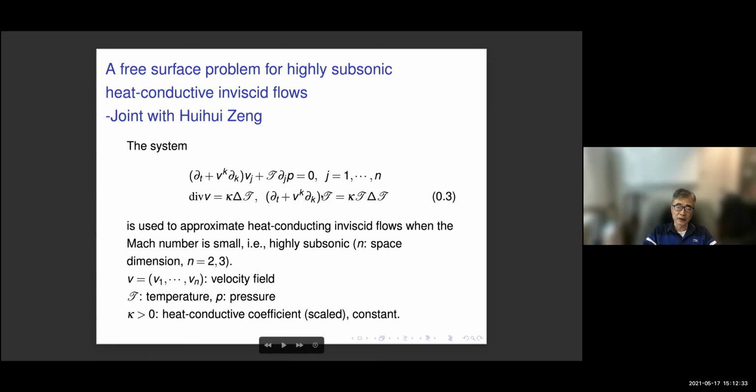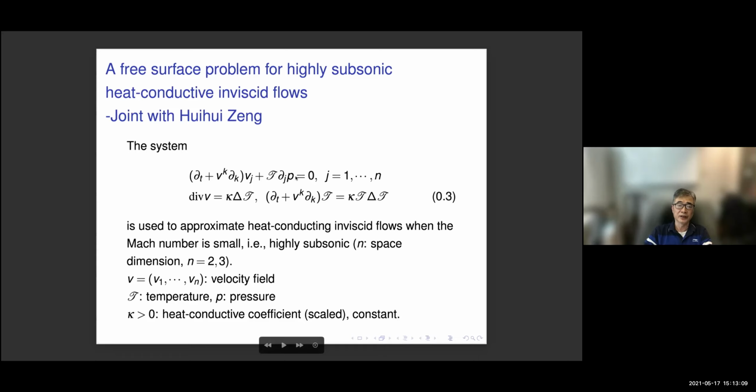This models the heat conducting inviscid flow when the Mach number is small, that means it's highly subsonic. So how does this system come? For example, we take the compressible Navier-Stokes equation, but without viscosity, but with heat conductivity, and then we take the Mach number to 0, then this system can be derived.